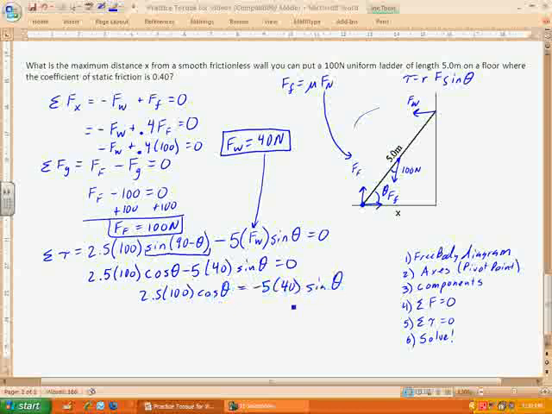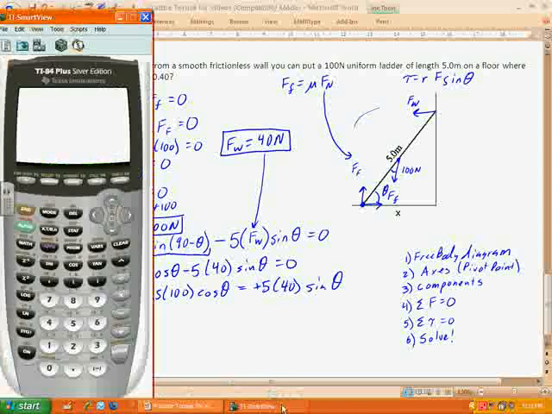I'm going to divide by cosine of theta, so I'll have sine over cosine, which is tangent, and I'm going to divide by negative 5 times 40. Sorry, since I moved that over, that should be positive. So let's take 2.5 times 100, and then divide that by 5 and divide it by 40.